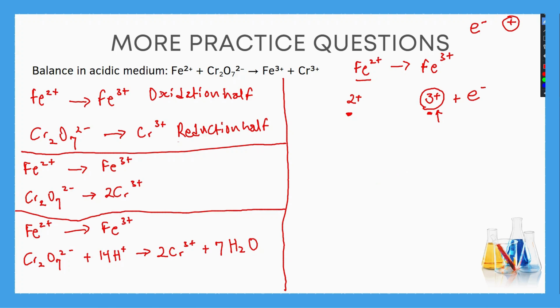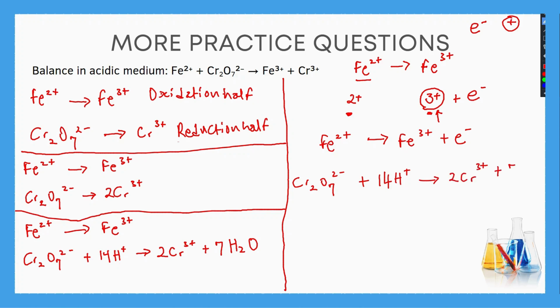So now, putting that in the equation gives us Fe2+ yielding Fe3+ plus e-, since we just added the electron. Now, for the other equation, we have Cr2O7 2- plus 14H+ yielding 2Cr3+ plus 7H2O.